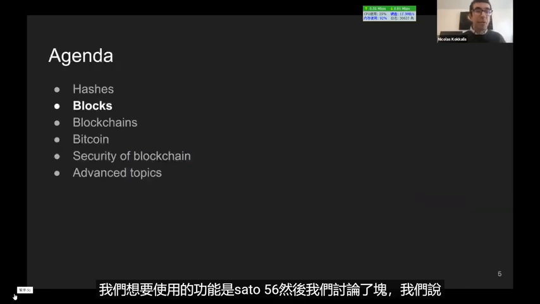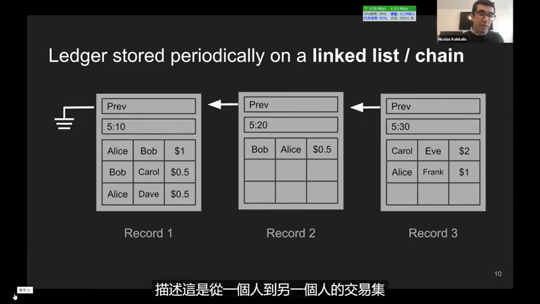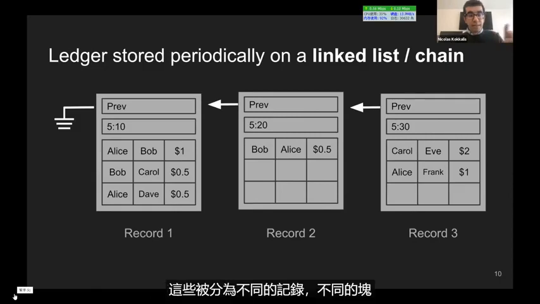Then we talked about blocks. We said that, the way we are describing it, blocks in a blockchain are sets of transactions from one person to another, and these are grouped into different records, different blocks. One block comes after another, and each block is pointing to the previous one.